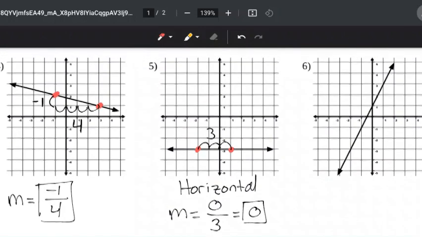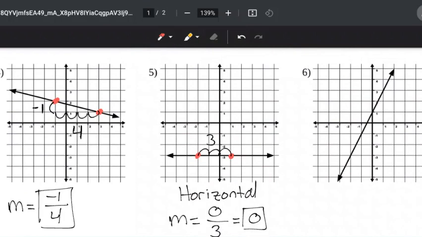Okay, and number 6. So, again, any 2 points. I'm going to pick some that are a little bit farther apart this time, just so we can see what happens. So, I'm going to be counting up 1, 2, 3, 4.